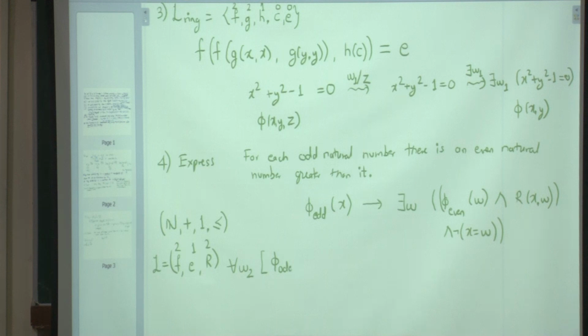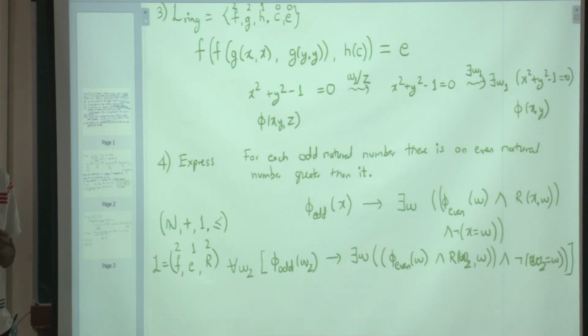If phi odd W2, then there exists a W such that it is even and W2 less than W and negation W2 equal to W, then one bracket closed and then this bracket closed. Okay, so this should represent what it is.